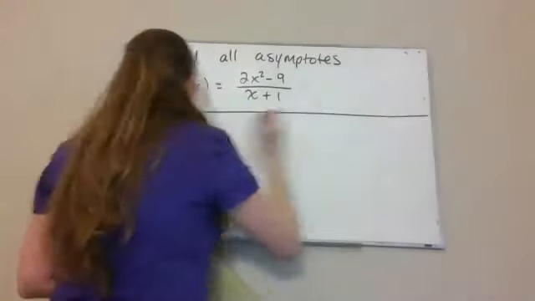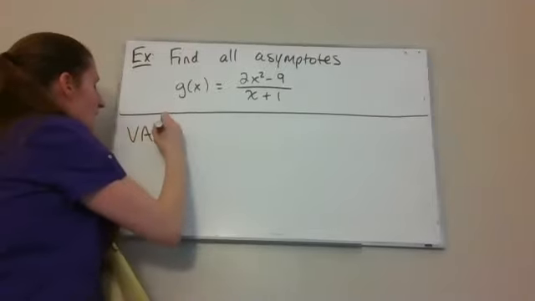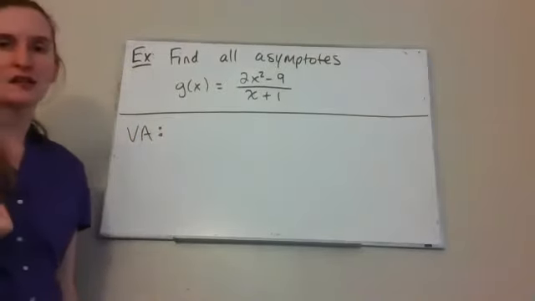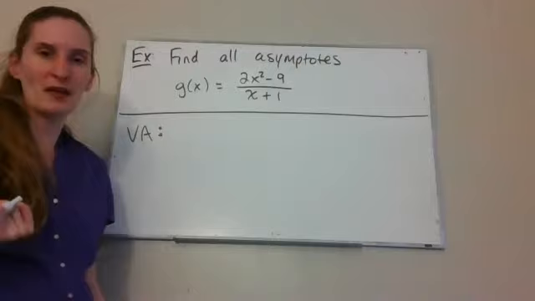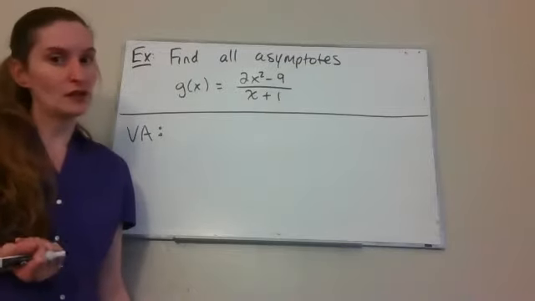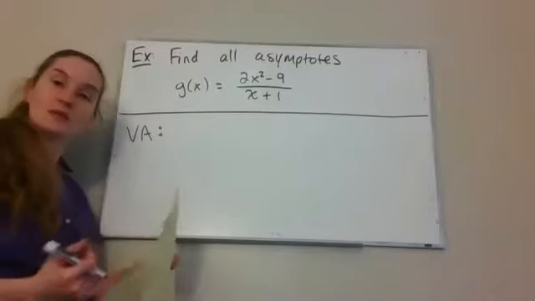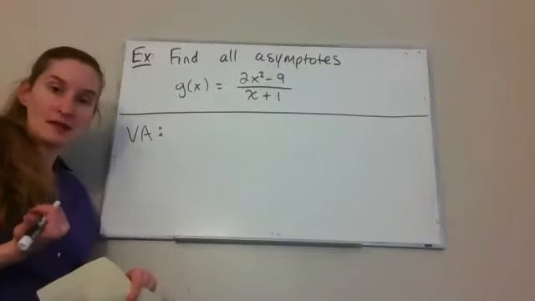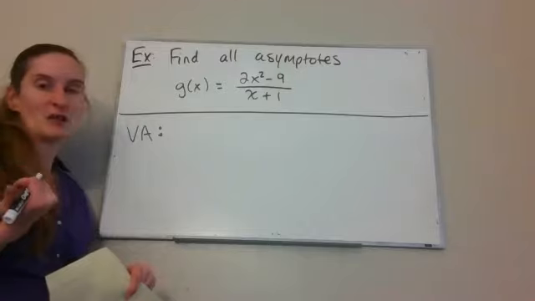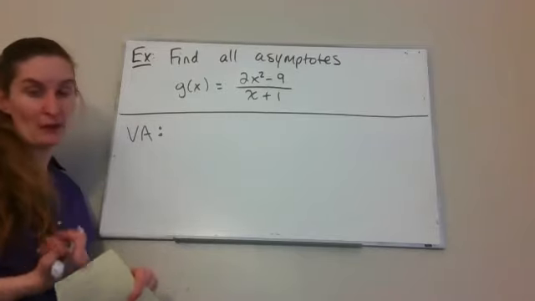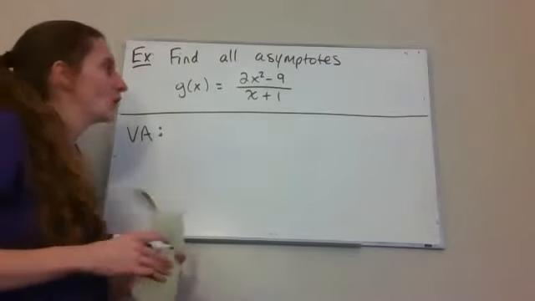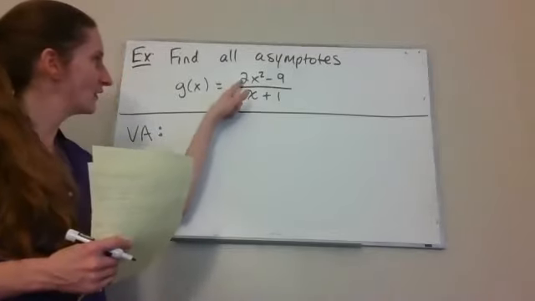I usually start with vertical asymptotes because they're the ones that people have been doing the longest, so they're the ones we're most familiar with. Then I usually look for horizontal next and save slants for the end. So vertical asymptotes, remember, are where we divide by 0, but it's a situation where the numerator does not have that same factor. So I should look, can I factor this?